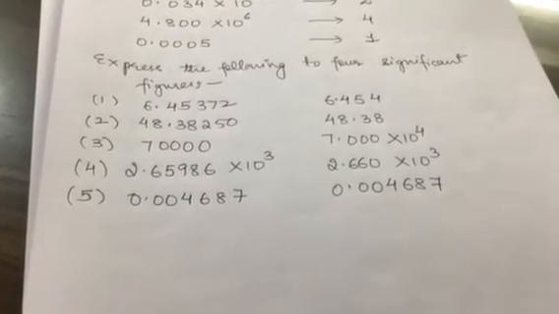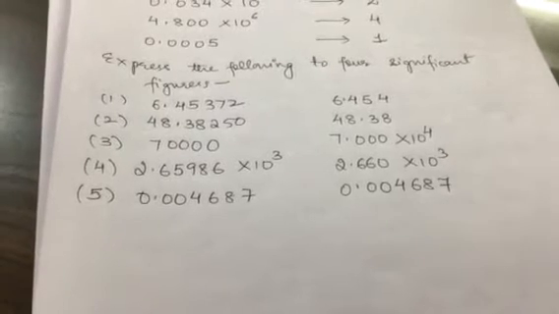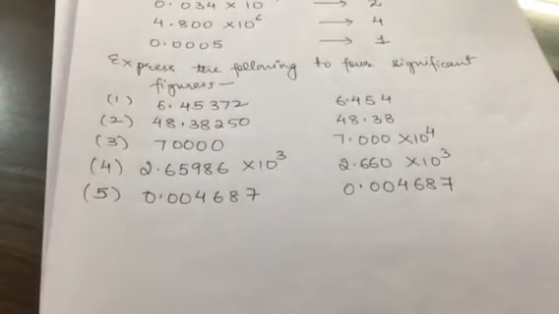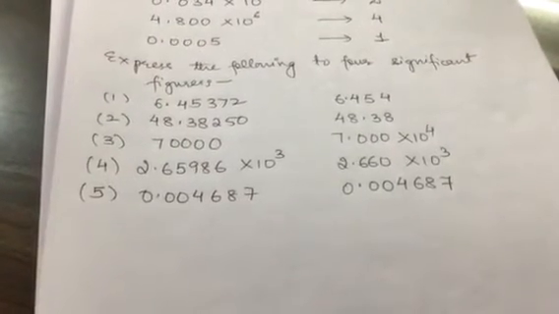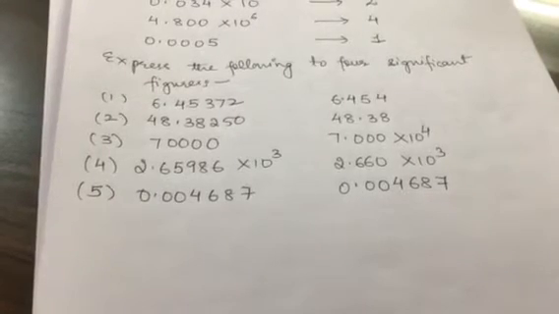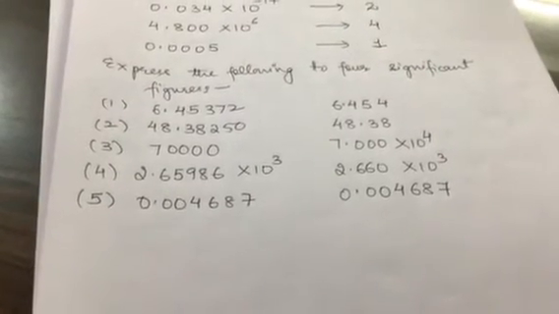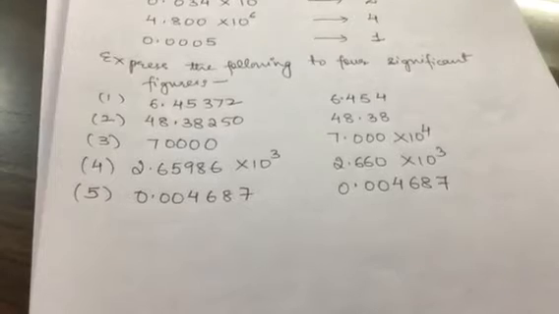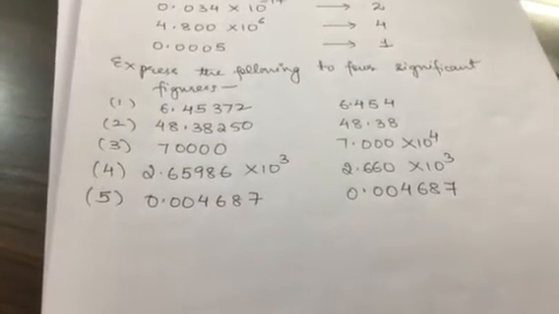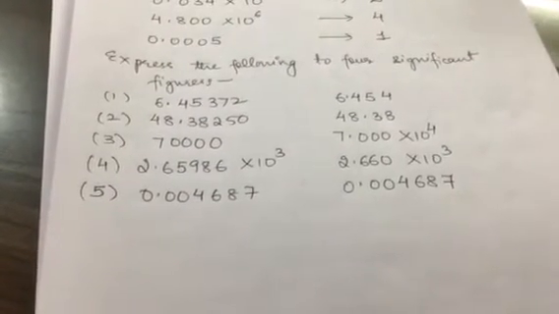So there's a question, guys: express the following to 4 significant figures. Now the first is 6.45372. In short, I have to write it in such a way that a total of 4 significant figures is formed.